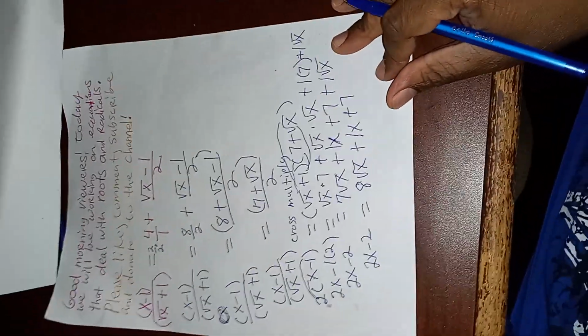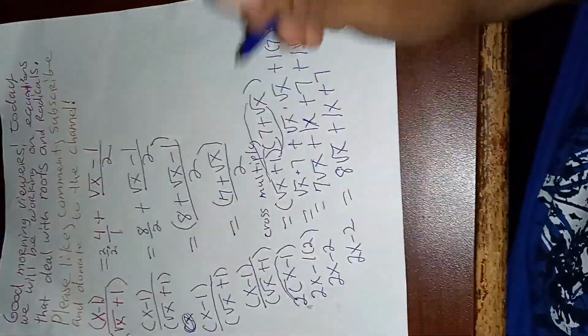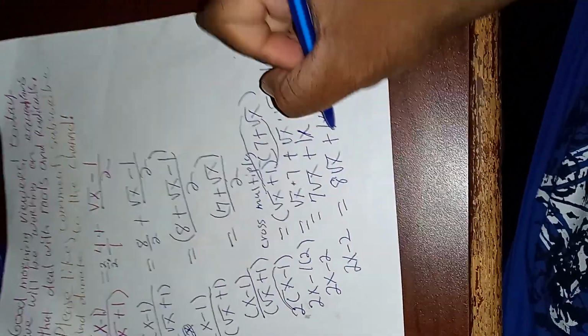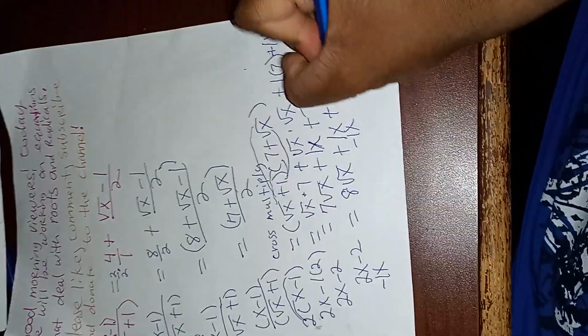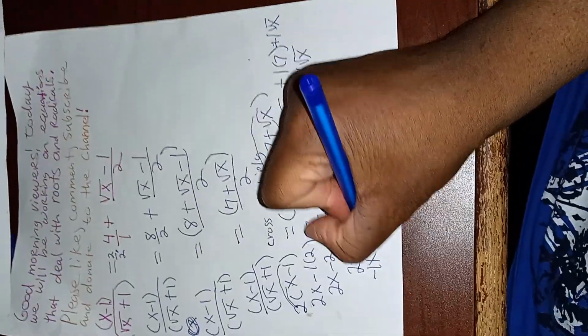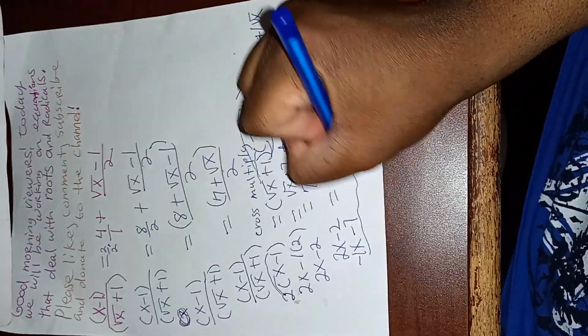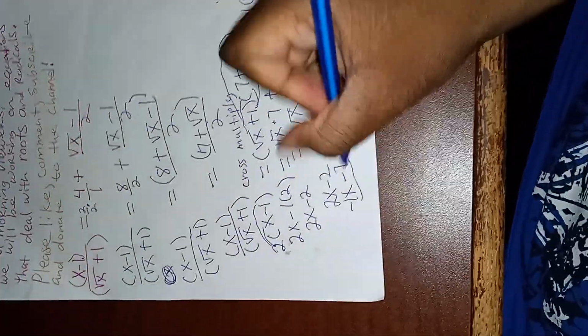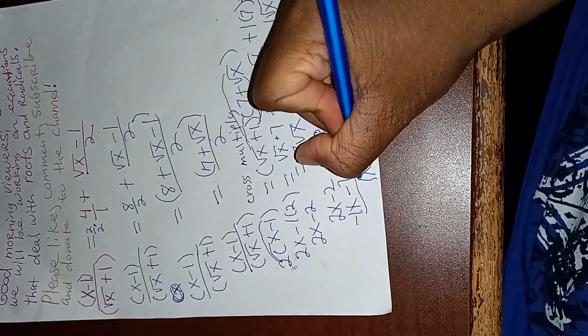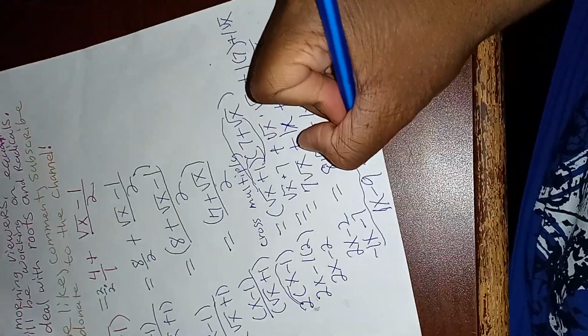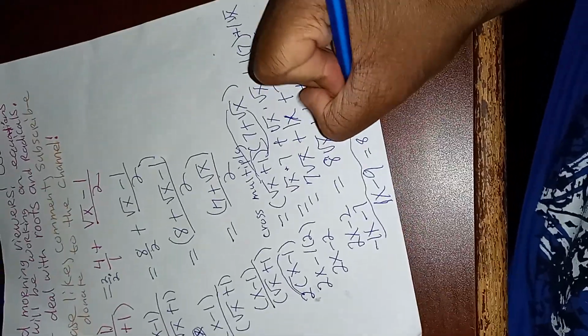So now we can subtract 1x from both sides and subtract 7 from both sides. So 1x minus 9 will equal 8 square root of x. Okay?